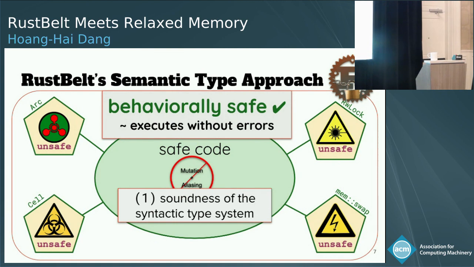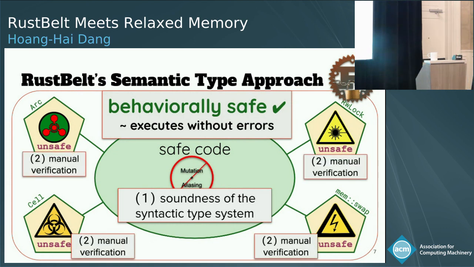We say that any code that has been checked by the type system, any syntactically well-typed code, is actually behaviorally safe, meaning that it will execute without error. And then for every new library that you write that internally uses unsafe code, you have to manually do verification to make sure that these libraries are actually also behaviorally safe.